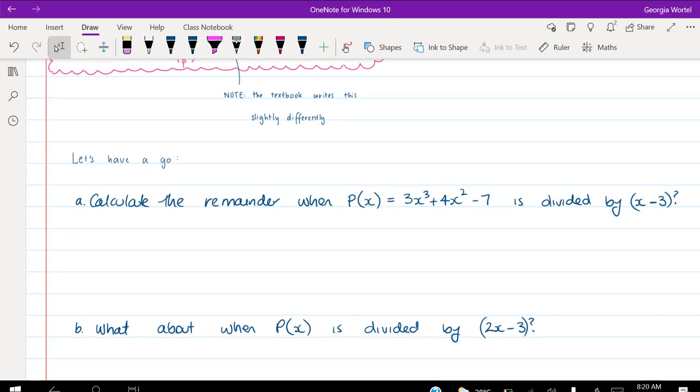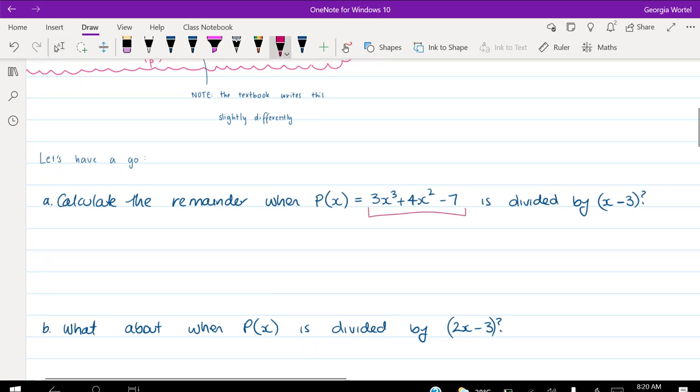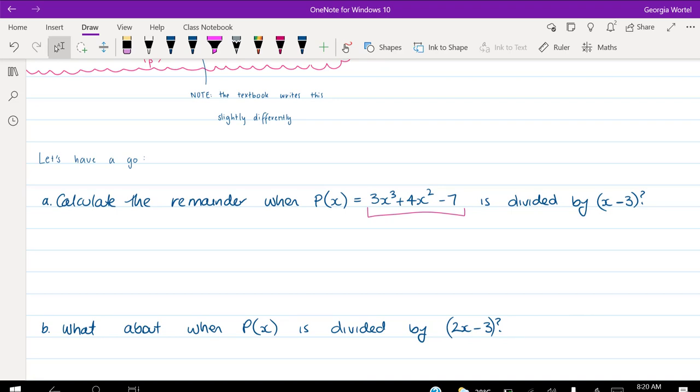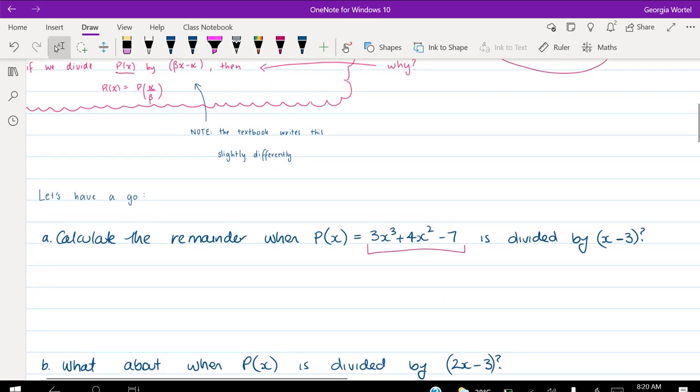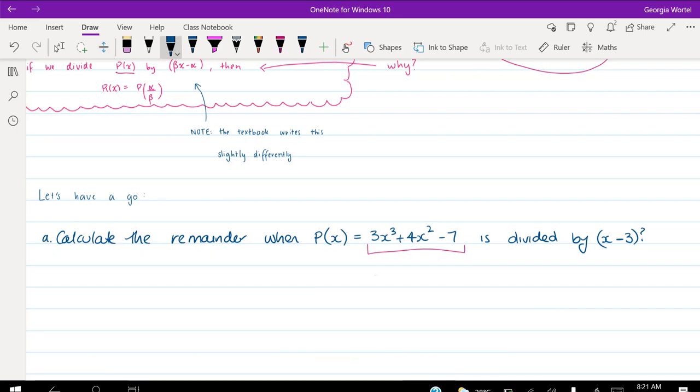All right, so let's have a little bit of a go. Calculate the remainder when P of x is equal to this lovely polynomial here, and that's divided by x minus 3. Okay, so we're going to calculate the remainder when P of x is divided by x minus 3.